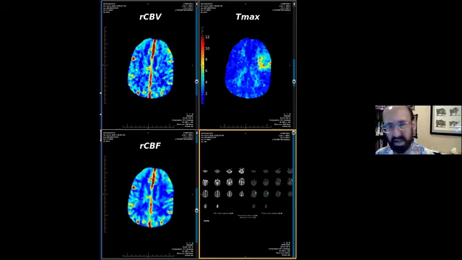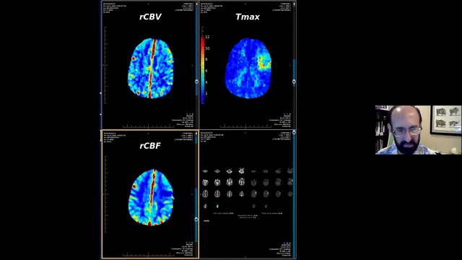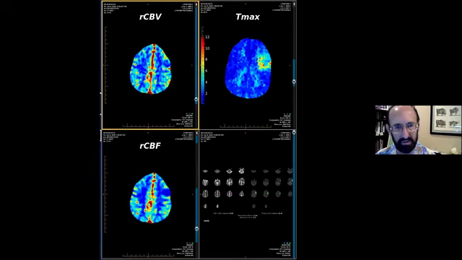So we'll discuss this, but most people are adopting CBF. As you can see here, the CBF on the slide did show the infarct here, whereas the CBV maybe here, it's not quite the same slice, but was not as dramatic.